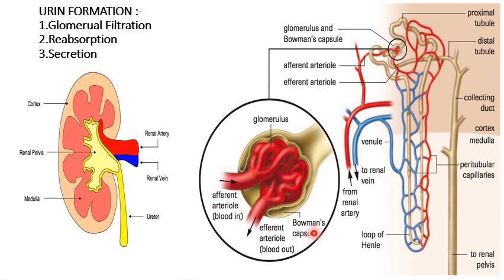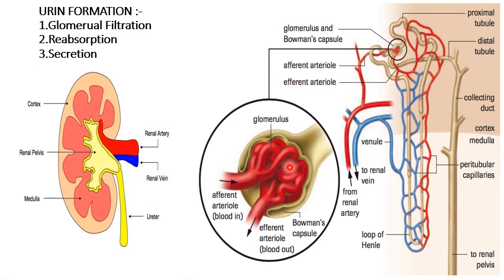It mainly excludes large molecules such as proteins, and the filtrate passes through the Bowman's capsule, you can see here, and then to the proximal convoluted tubule. From the Bowman's capsule it passes to the proximal convoluted tubule.